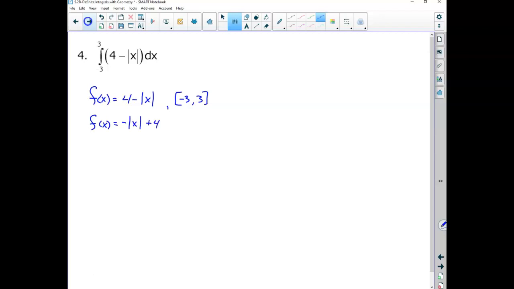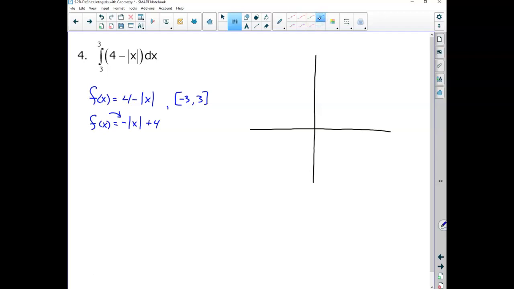The absolute value is a V, typically opening up, but through my transformation rules, the negative reflects it over the x-axis, so it's going to open down. As I'm plotting this, the absolute value is one you're going to have to do geometrically, because there really is not an integral of the absolute value of x.